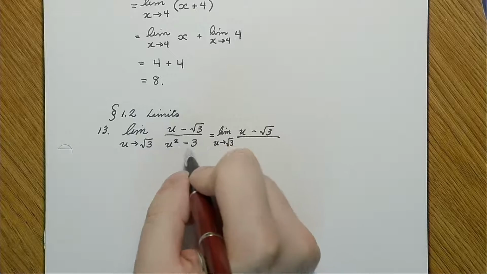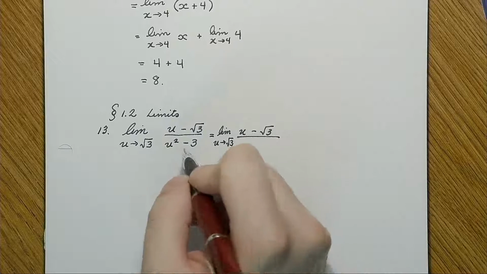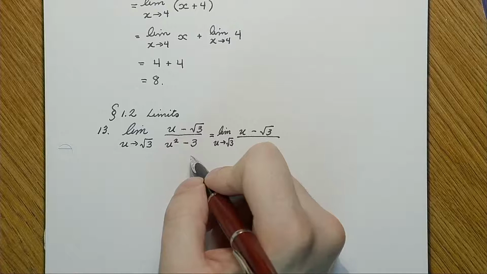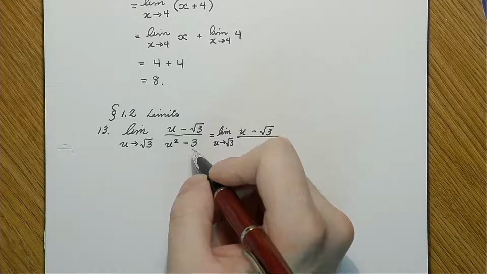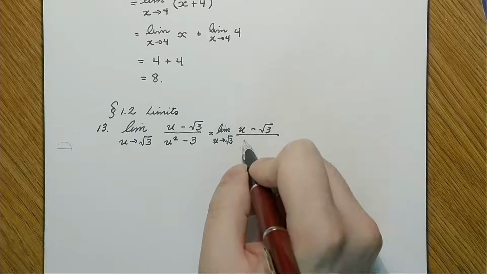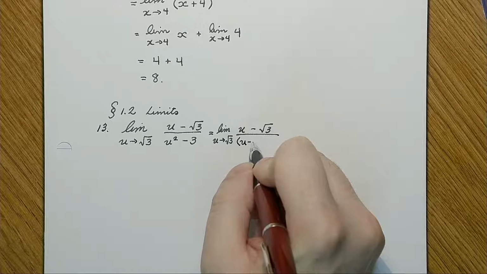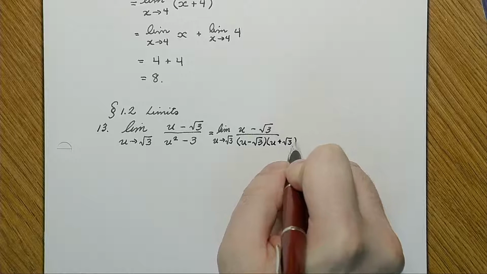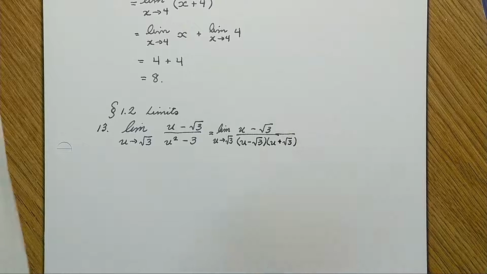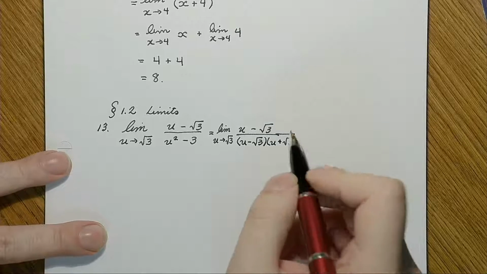And we have this, which means I could use my difference of squares. Now I know that 3 is not a square as it is, but we just take the square root of it. So you can do u minus the square root of 3 and u plus the square root of 3. Okay, that's fine.